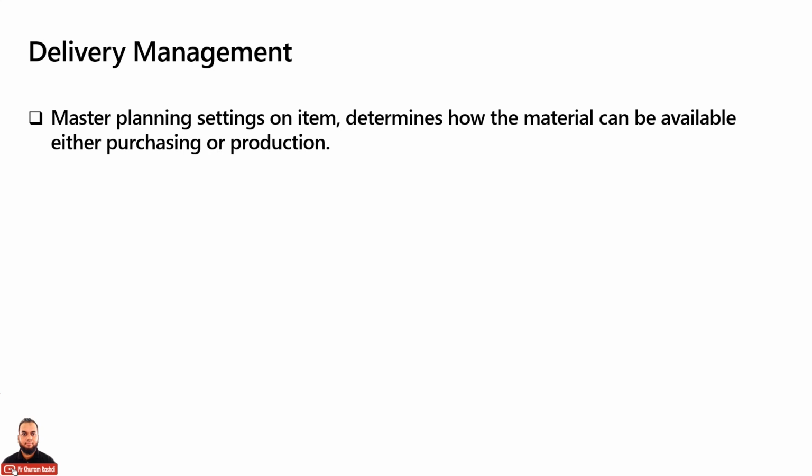So how the material will be produced or made available can be set either as trading, where when we receive an order we purchase from a vendor and then deliver to the customer, or as production, which means we are a manufacturing company and we will manufacture the items required by our customer.